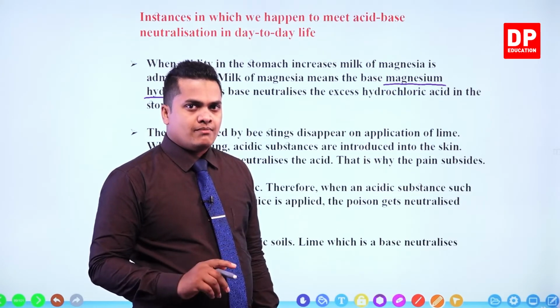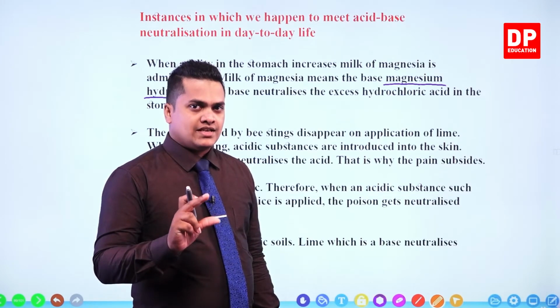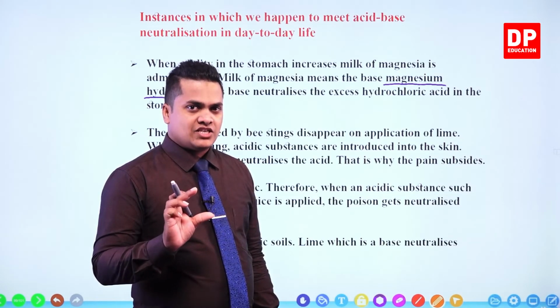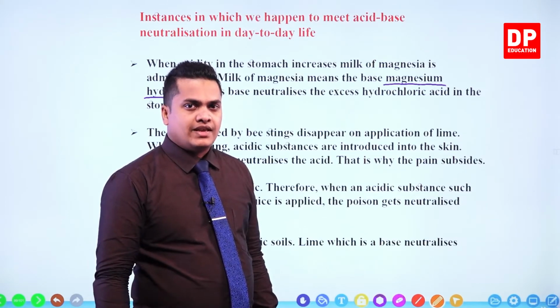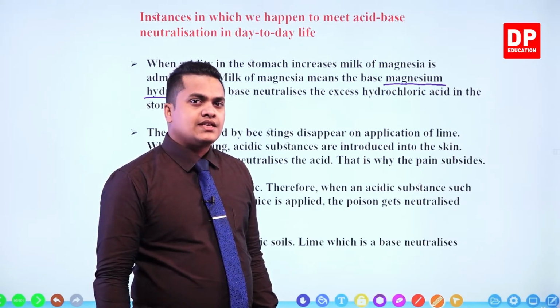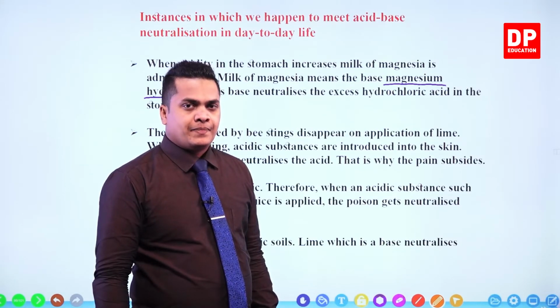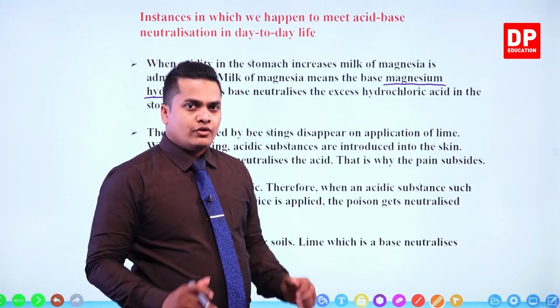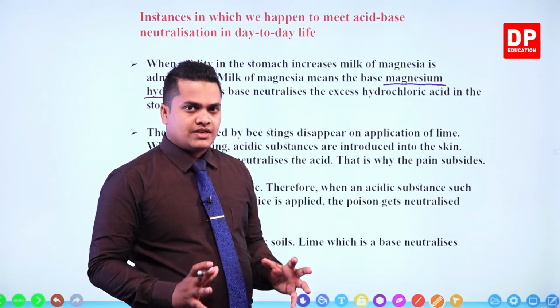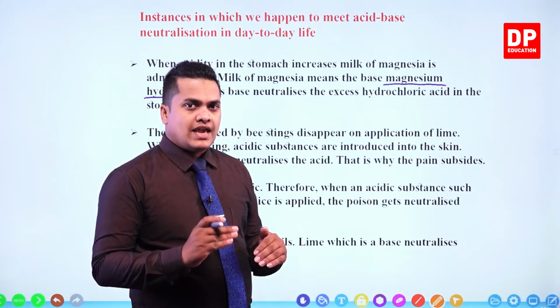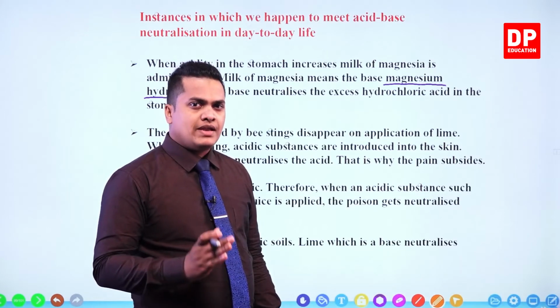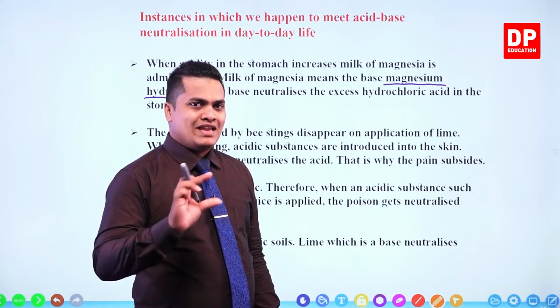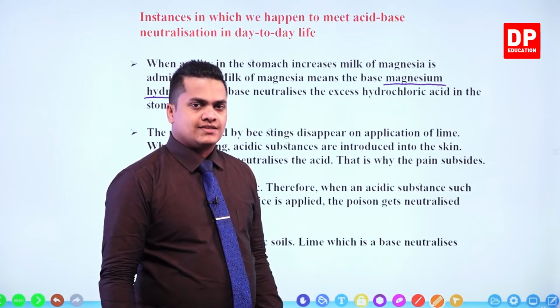I think you could remember I explained about gastroacidity, gastritis, when I was talking about hydrochloric acid in the first place. Our stomach contains some amount of hydrochloric acid. So when you starve for some time, the acidity level is going to increase. Therefore a pain is going to occur. That pain is referred to as gastritis.